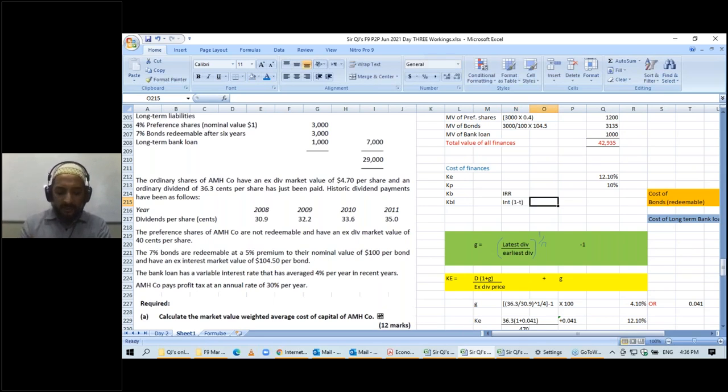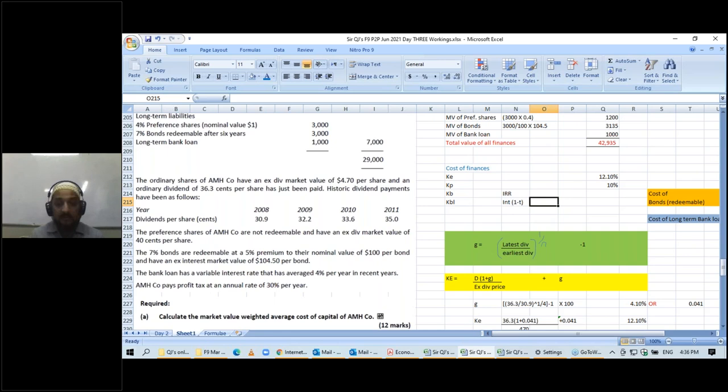So the interest rate on the bank loan, you can see from the statement of this question, in the second last line, bank loan has a variable interest rate of 4%, and the annual tax rate is 30%.